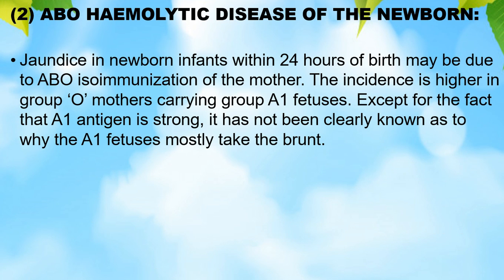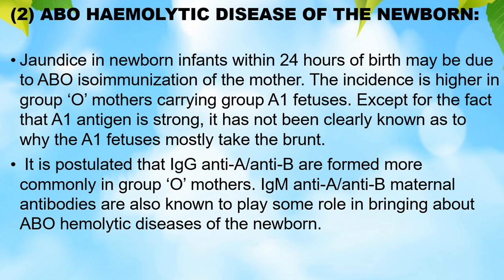Except for the fact that the A1 antigen is strong, it is not clearly known why A1 fetuses are mostly affected. It is postulated that IgG anti-A and anti-B are formed more commonly in group O mothers. IgM anti-A and anti-B maternal antibodies are also known to play some role in bringing about ABO hemolytic disease of the newborn.